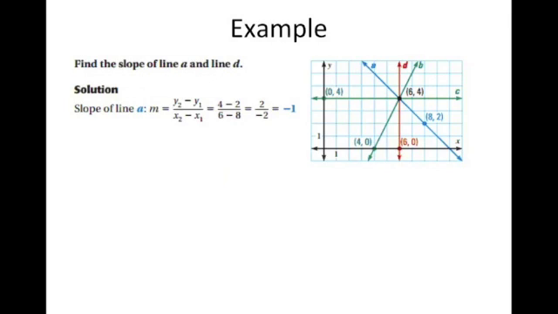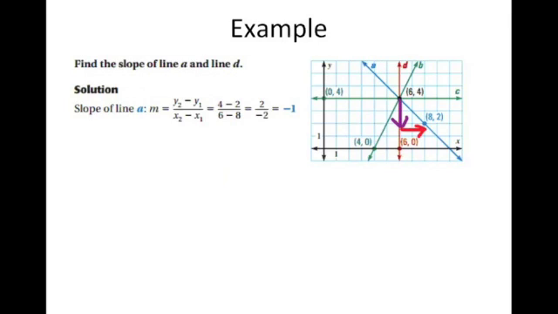So a couple different ways we can do it. First, we can say that this is actually a fall from 4 to 2, and then a positive run from 6 to 8. So that's why we end up with a negative slope.